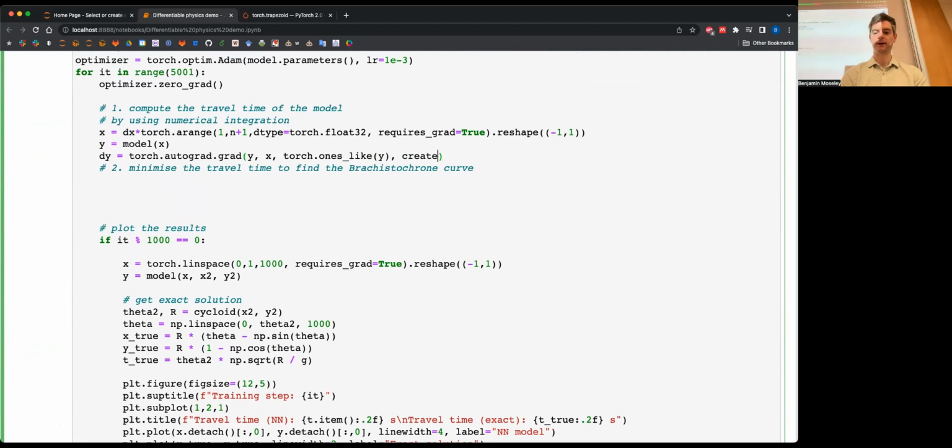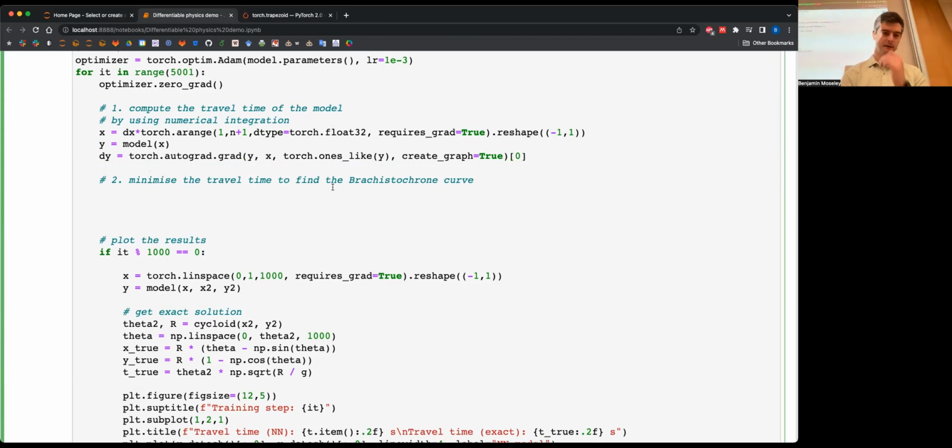We're going to make sure that we create the graph so that we can differentiate through it again to update the weights of the network when we do the final gradient descent. If you think about how we were training PINNs, this is actually a similar idea, right? And we know that the output is a tuple, so we're just going to take the first value. Okay, so this is our derivative.